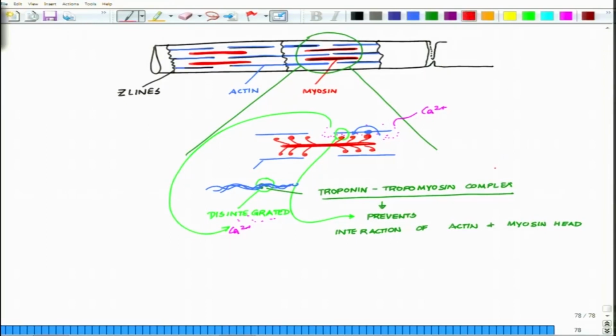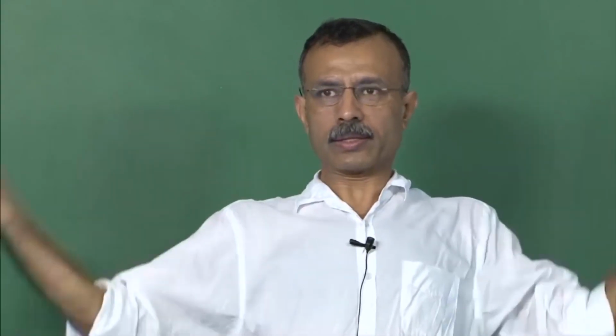So this head moves like this, and when it moves like this, there is a contraction which is observed in the actin and the myosin filament, and this is where the force generation is. The force with which this myosin head is moving is what we call the muscle force. All of them move like this, and this is what generates the muscle force.